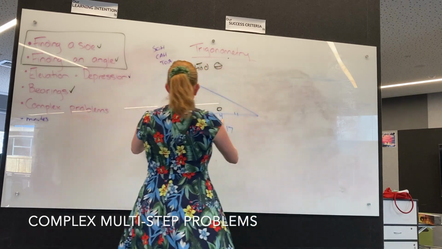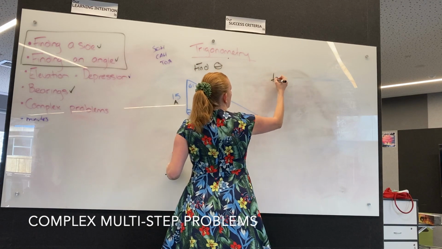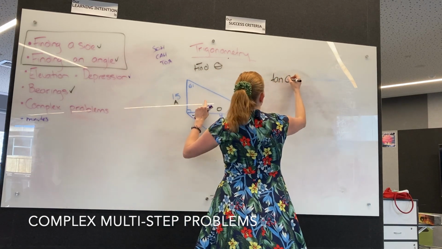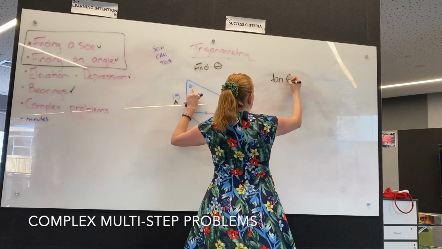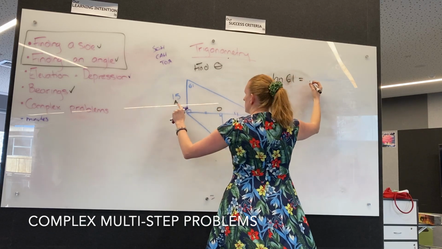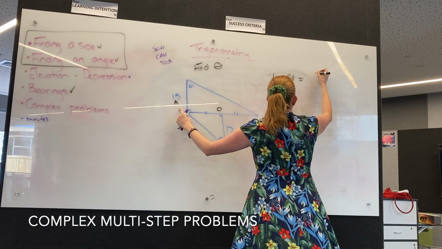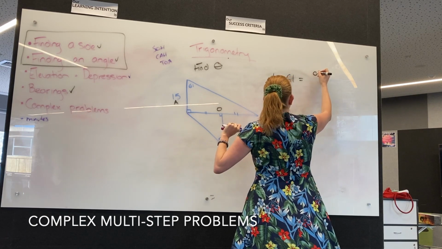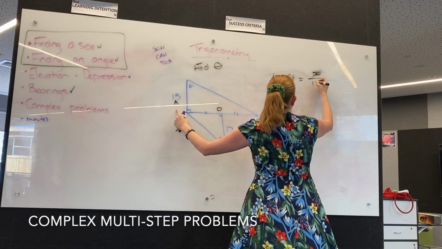So if I'm using adjacent and opposite, I'm using tan. So tan 61 is equal to, opposite is unknown, so I'll call it x, over 15.